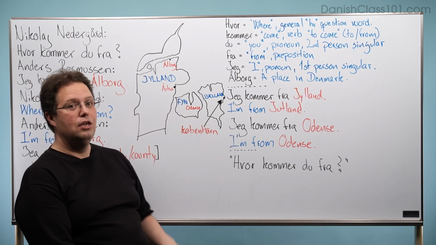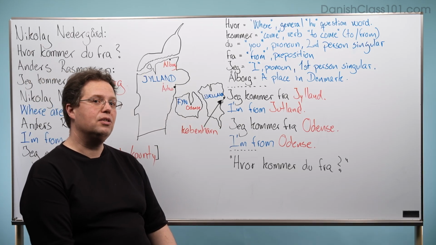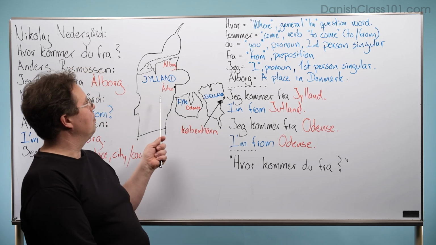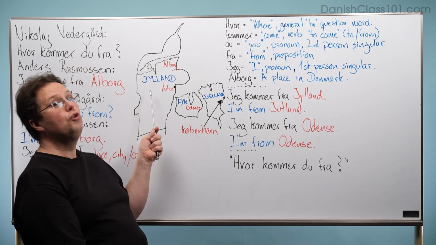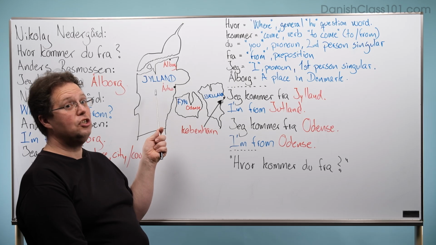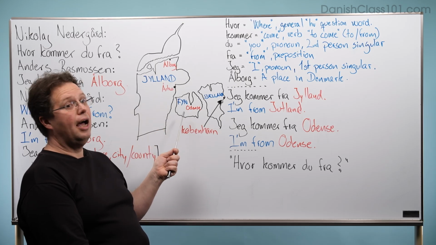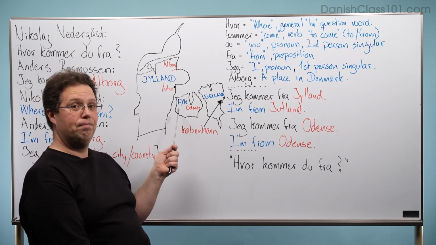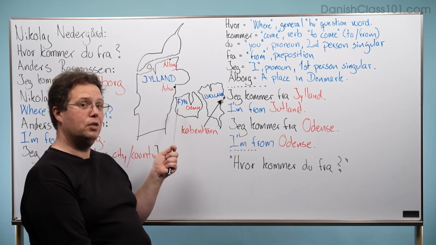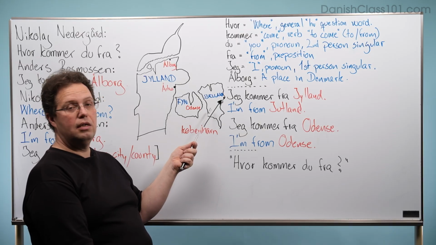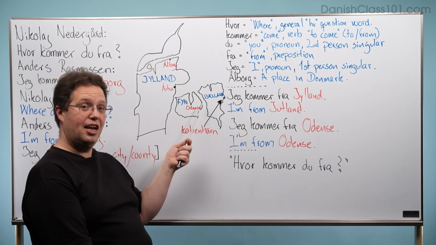So the three main regions in Denmark are, here we go, the peninsula is called Jylland. Also in English, Jutland. Middle Island is Fyn. In English, Funen. Eastern Island is Sjælland.